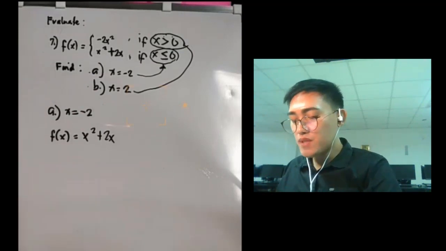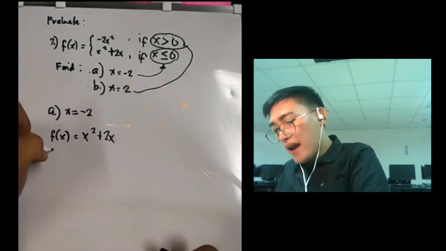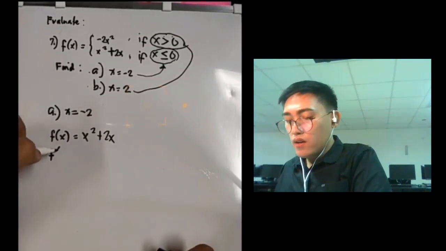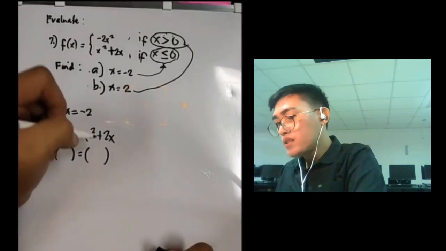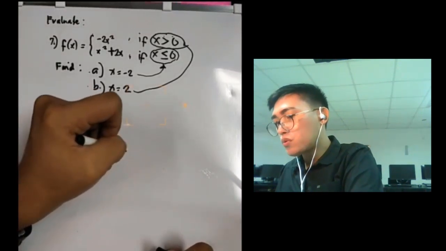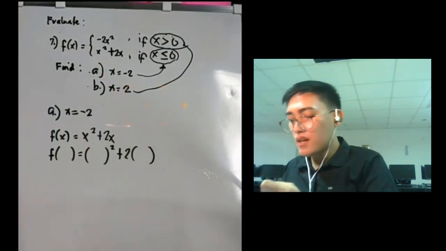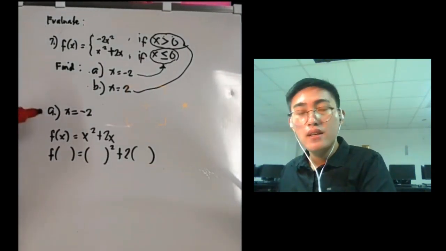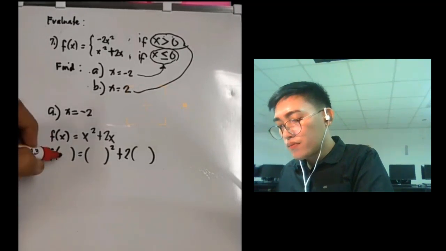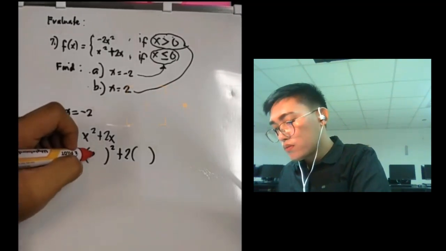Now, let us substitute. F of parenthesis equals parenthesis squared plus 2 parenthesis. Sa mga parentheses na yan, doon mo isa-substitute yung value na negative 2.